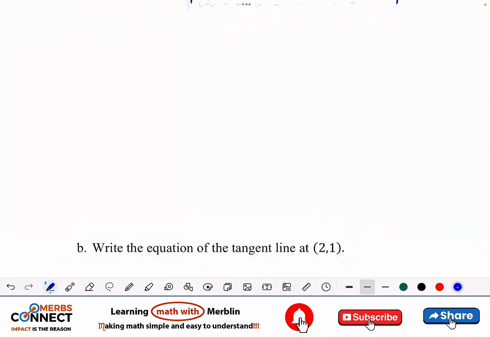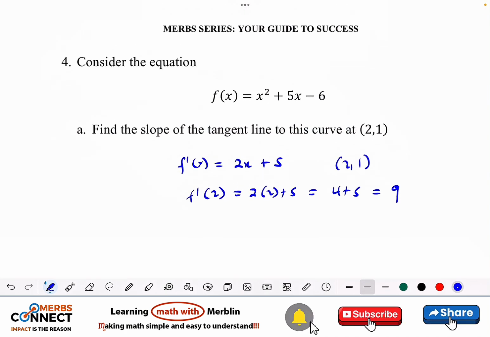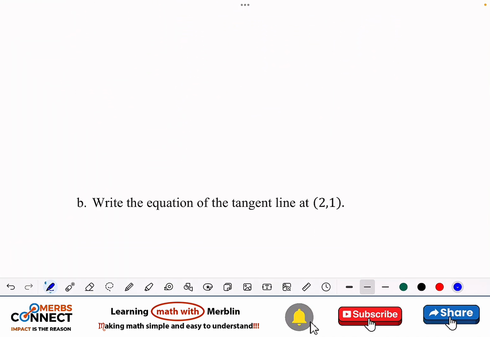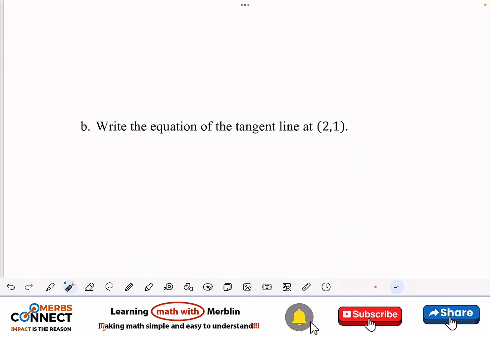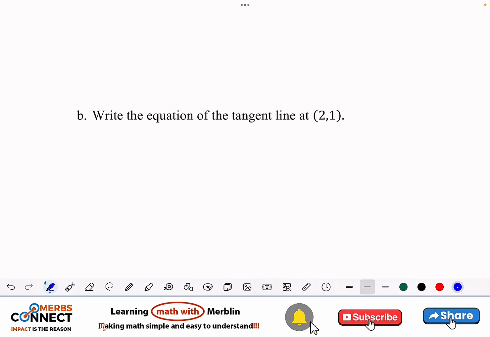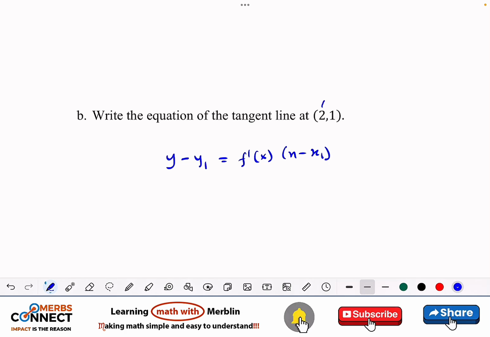Let's look at b. Write the equation of the tangent at this point. So the equation of the tangent, this is y minus y1, which is equal to f prime of x1 times x minus x1. So this is x1, this becomes y1.